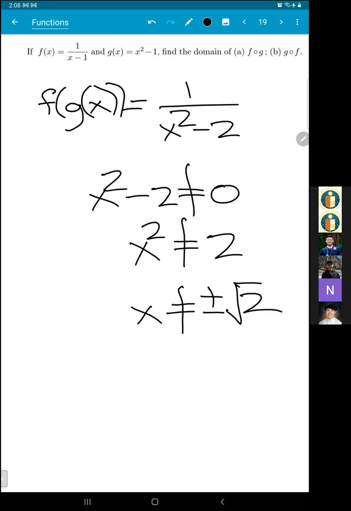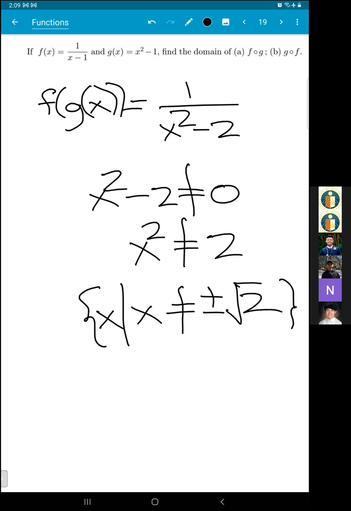So that's the domain for f here. And in set notation, remember, we have to use braces. So we read this as the set of all x such that x is not equal to plus minus square root of 2.